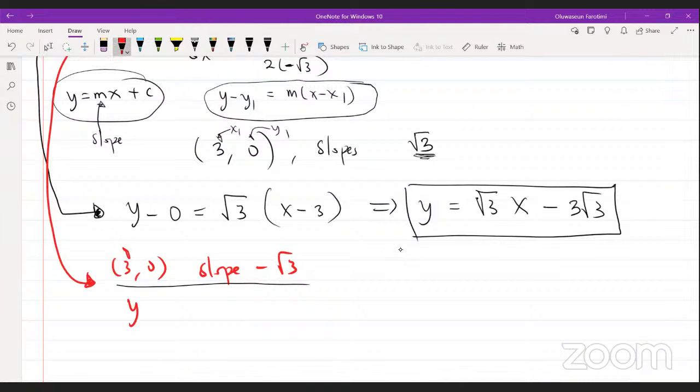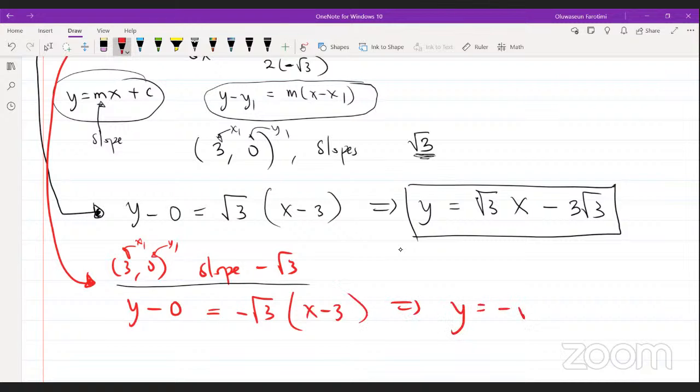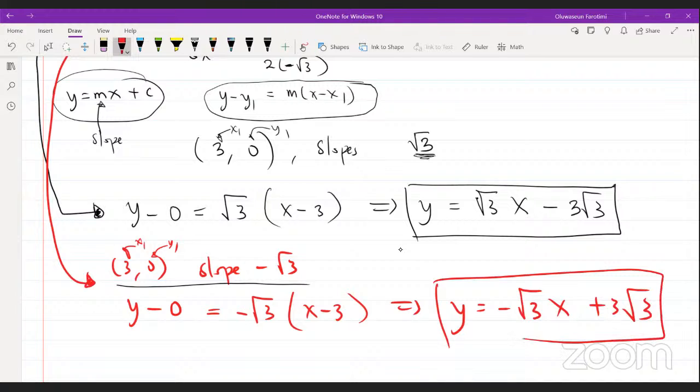Again, this is x1, this is y1. y minus 0 equals, what is the slope? Negative square root of 3, x minus 3. Almost the same thing, guys, except for the negative sign in this case. And that's the first part.